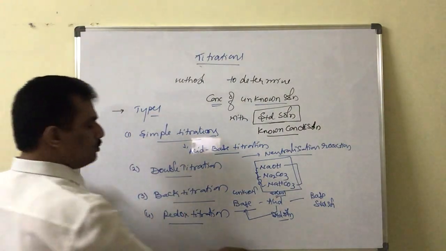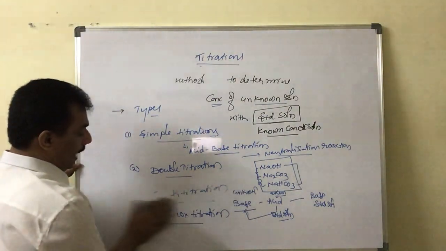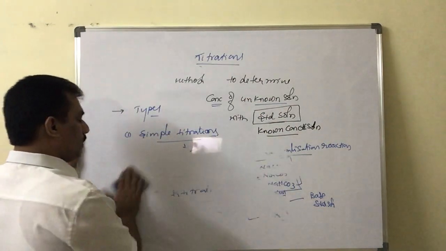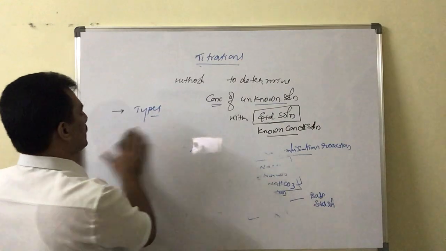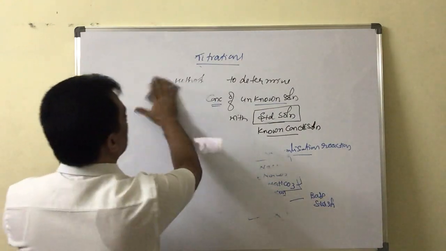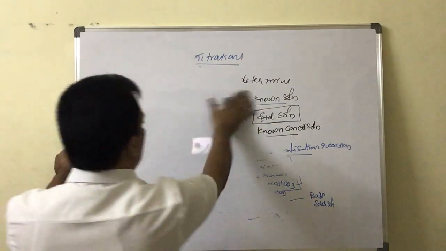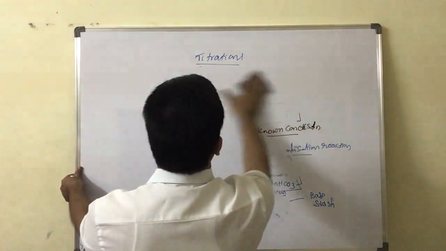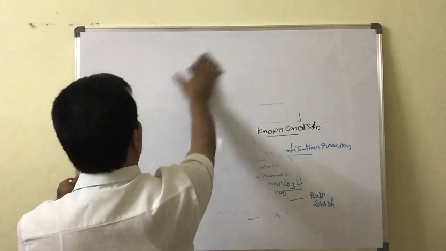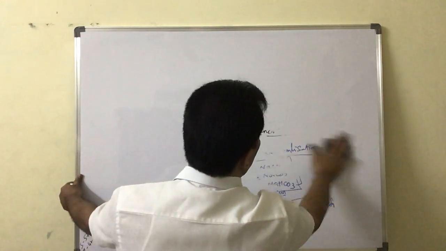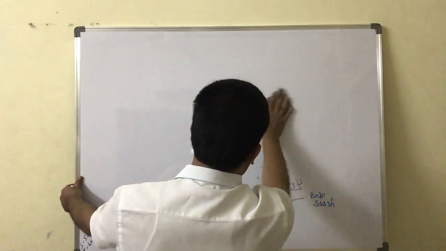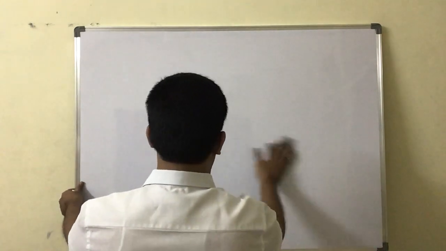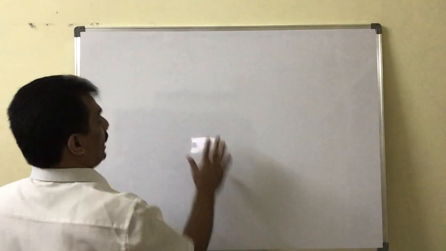Now let me give the highlighted or salient features of these titrations. First let me explain the titration reaction: what happens when an acid is titrated with a base, how to find the concentrations, how these are related to concentration terms, that is molarity or normality, and how it is related to stoichiometry.